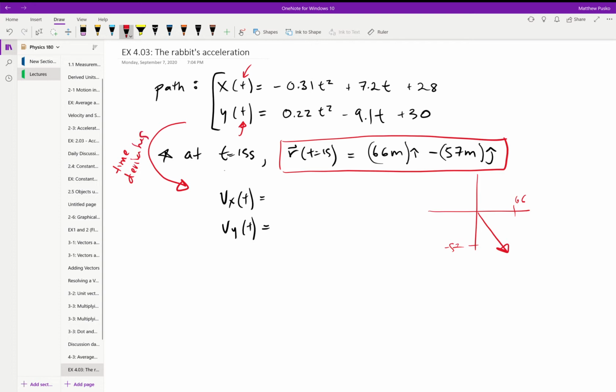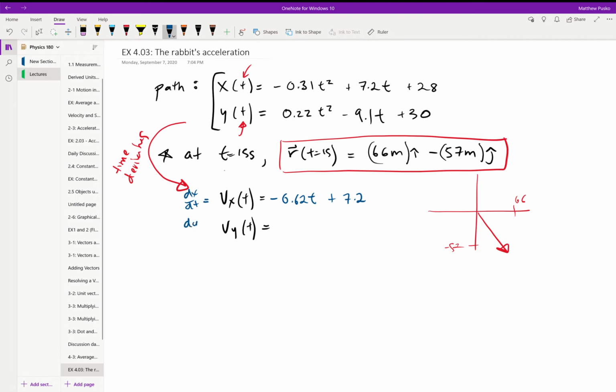And we ended up with a negative 0.62t plus 7.2. That was just for the x. That is the velocity in the x direction, or dx dt.